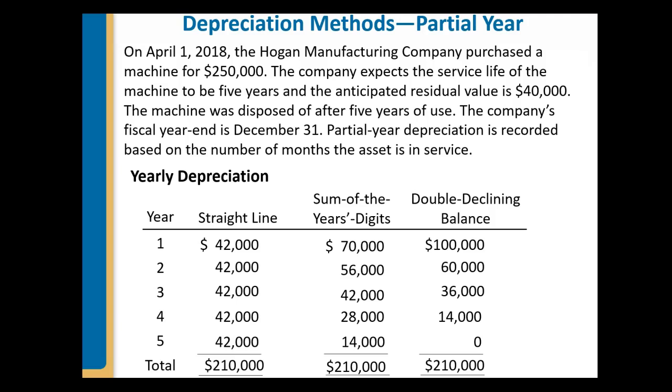So as you see here, in the 5th year, we will take the, for straight line, it will stay consistent. For sum of the year digits, we will take 14,000, but double declining balance usually ends the depreciation prior to the asset being used.